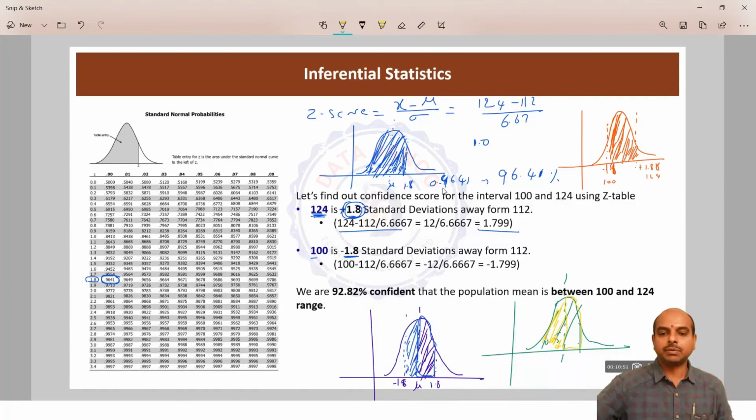If you subtract 0.5 from this number, 0.9641 minus 0.5, that's going to be 0.4641.